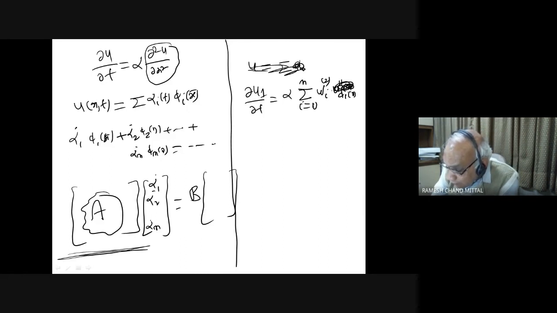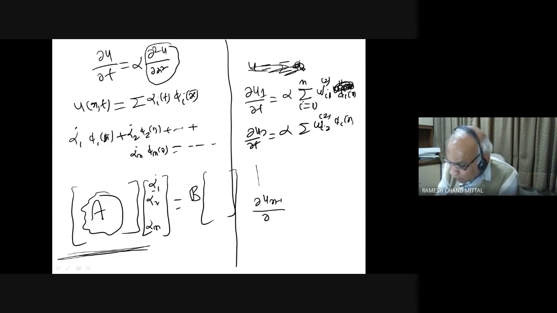Then I have du2 by dt, alpha times wi2, then phi i(x), and so on. So there is a weight function for each of u1, u2, un. What I mean to say is you will have the un minus 1 by dt corresponding equation here.